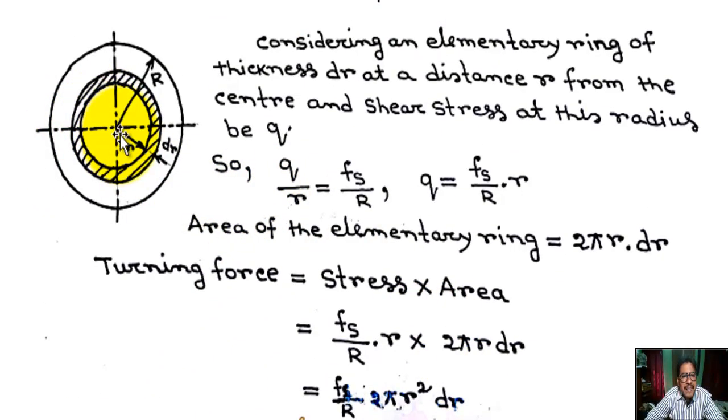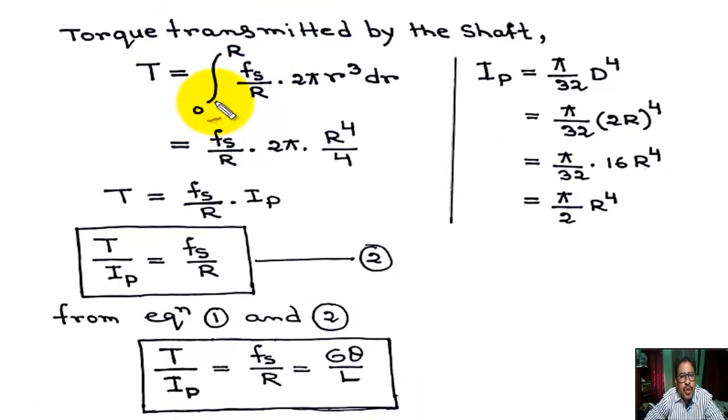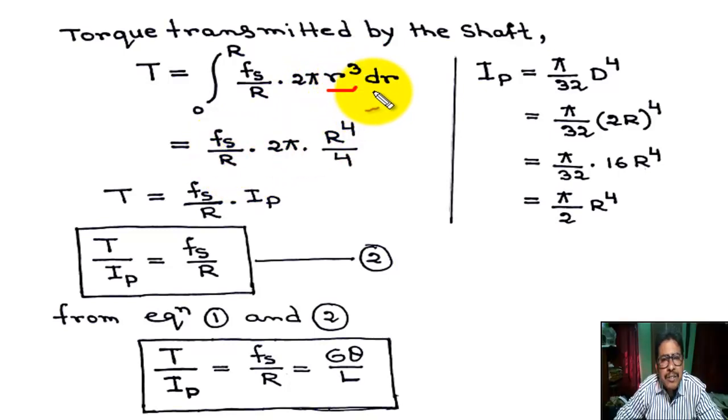Radius at the center equals 0, radius at the surface equals R. Integrating r cube, we get Fs by R, this is the constant term, into 2 pi, and capital R to the power 4 by 4.